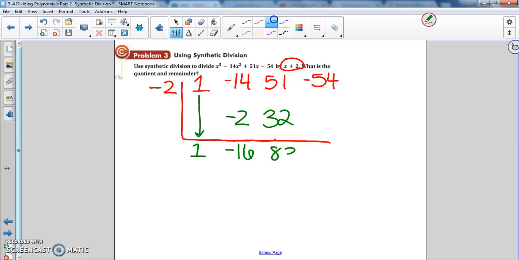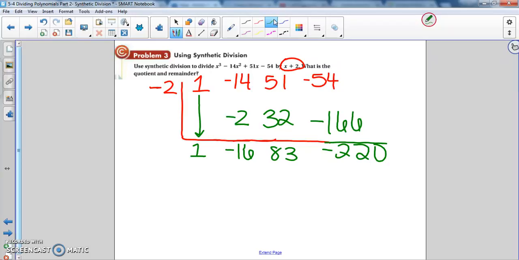I get 83. 83 times negative 2 is negative 166, and I add down, getting negative 220.